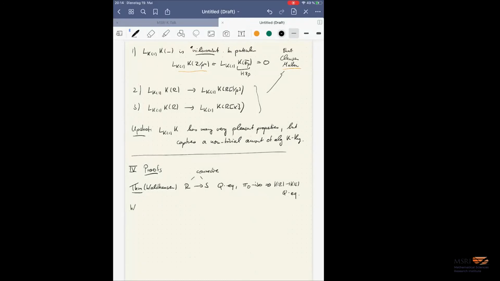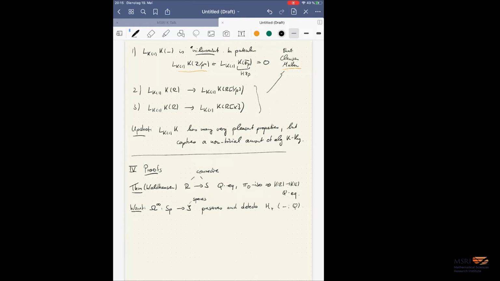This has nothing to do with K theory. We want that omega infinity from spectra to spaces preserves and detects rational homology isomorphisms.